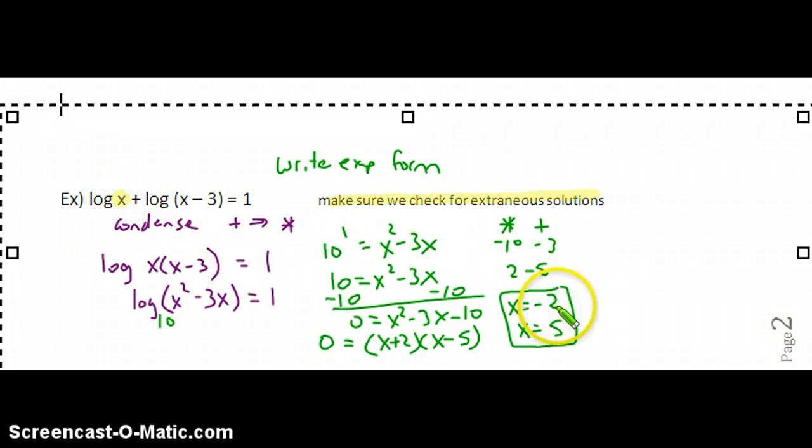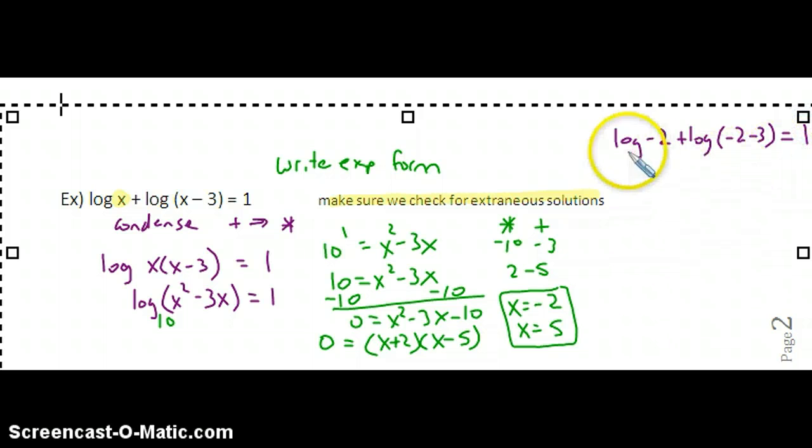If you happen to get a negative number, for example, like this one, that means when you go to check this in your calculator, you're going to type in the log of negative 2 plus the log of negative 2 minus 3. And you want to make sure that that equals 1. Well, when I type in the log of negative 2, I'm going to get an error right away in my calculator. So because I get an error, I can't take the log of a negative number. I know that this would be an extraneous solution.